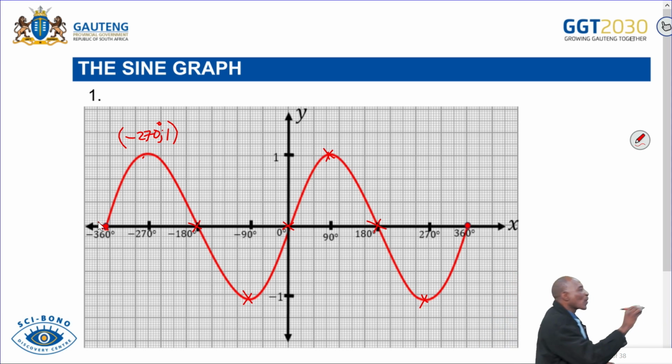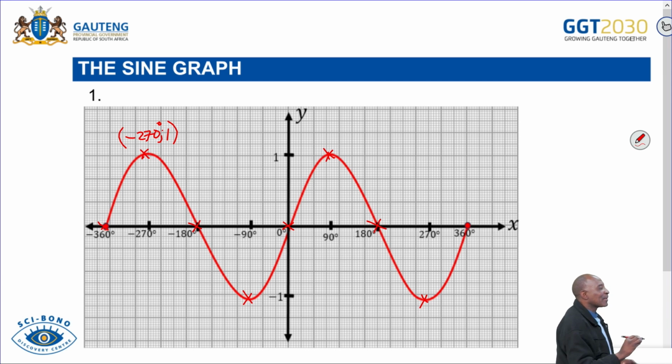When you look at all the points that you have marked here, starting from -360, that point is literally resting on the x-axis. That's why we normally say where y is equal to 0. Then it goes up to the next point, which is -270 and 1. Then it comes down and passes at -180, going to the negative values of y.